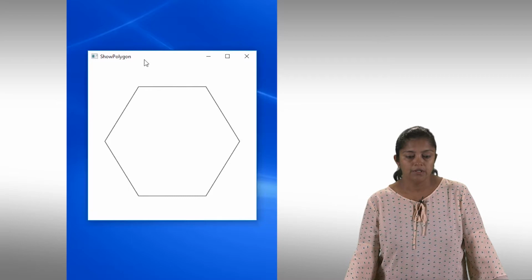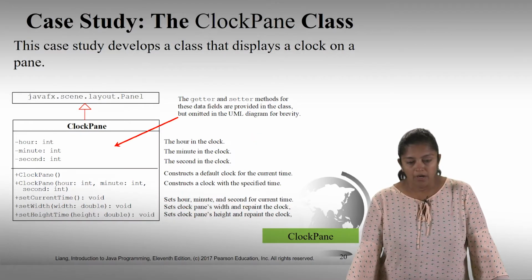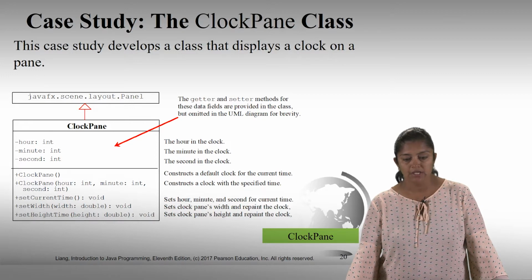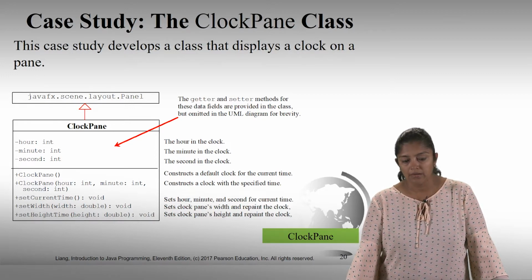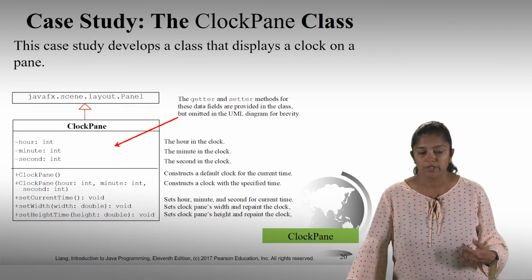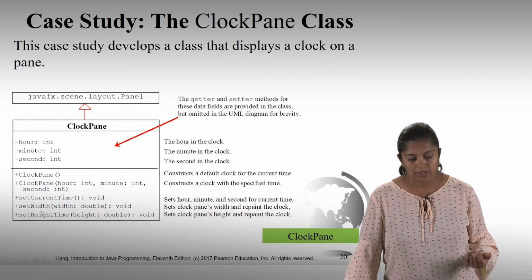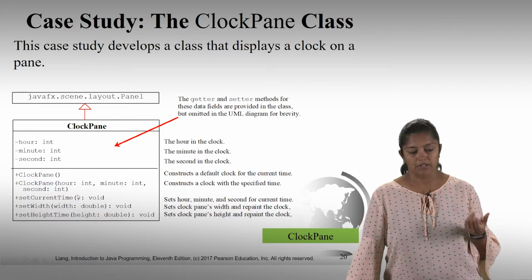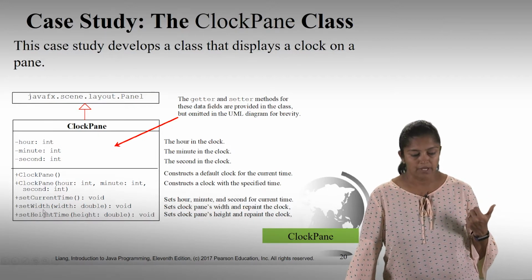Okay, here's how the UI looks for the polygon code that we just saw. Finally, we'll look at a case study of a clock pane, of how you can create a custom pane, and the purpose of this one is specifically to display a clock. The clock pane constructor takes in the hour, minute and second, and then creates the pane based on that.